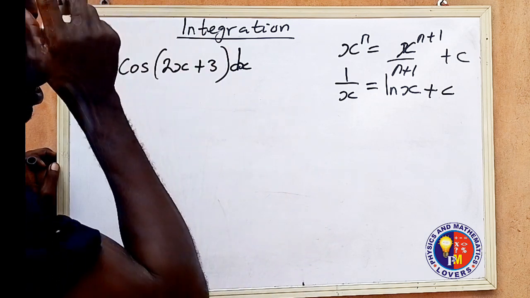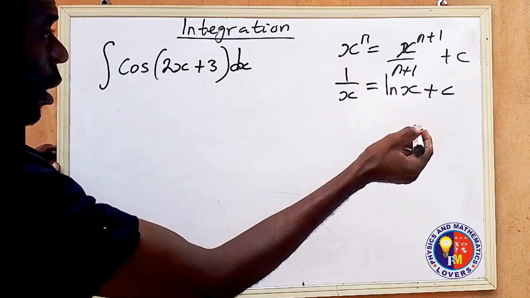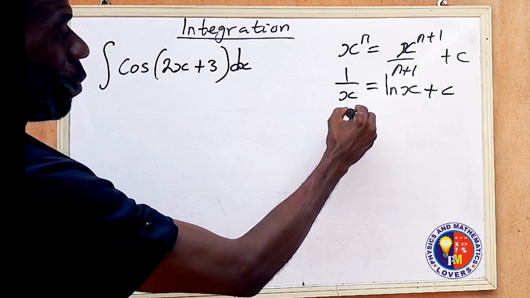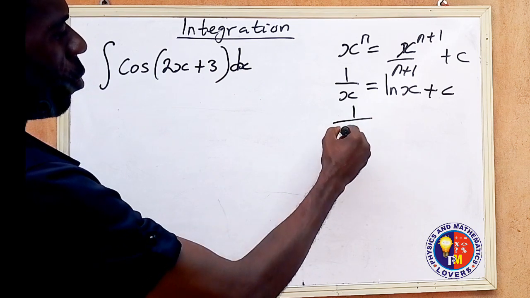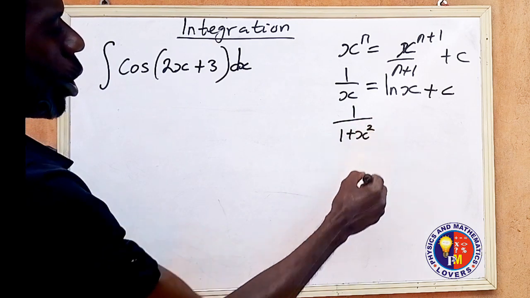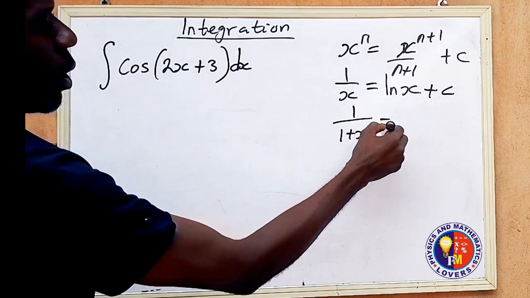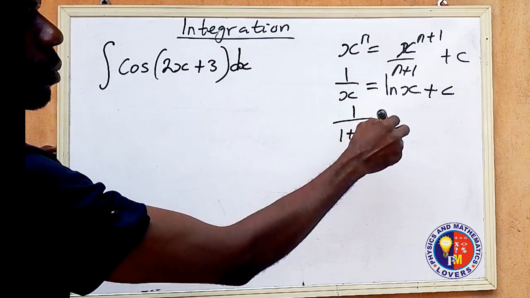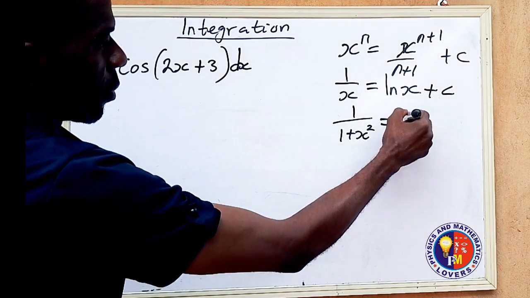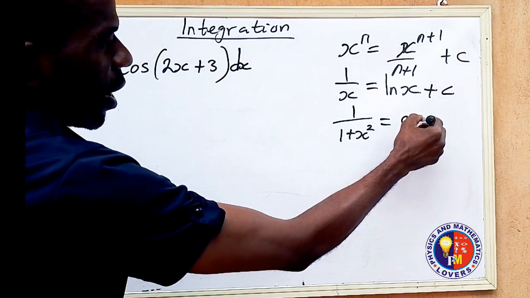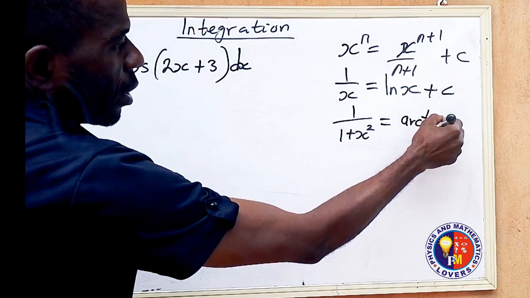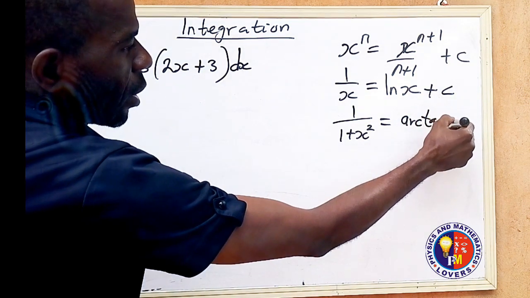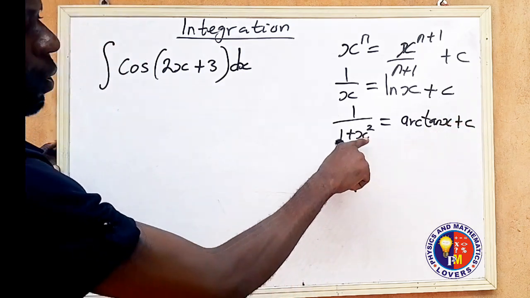Then, if I have 1 over 1 plus x squared, this one is tan inverse. It's going to give us arctan x plus c, something like this.